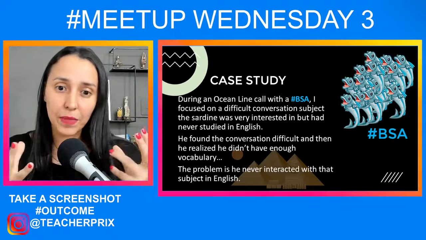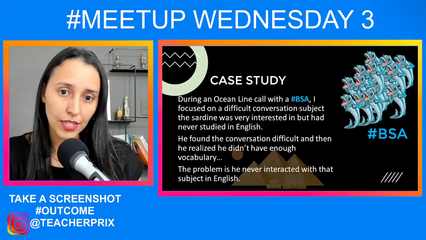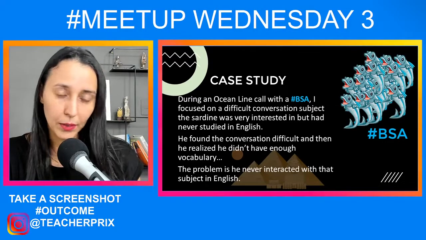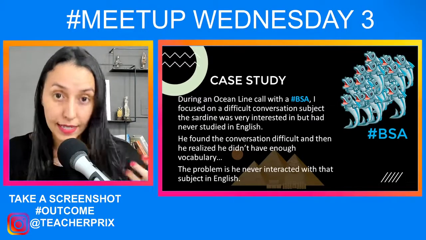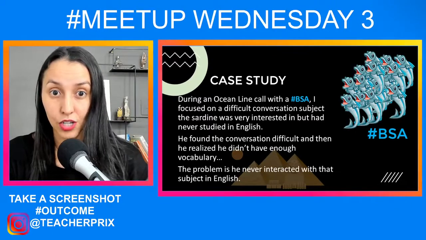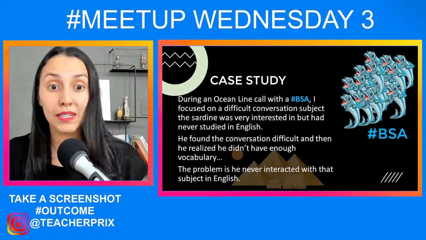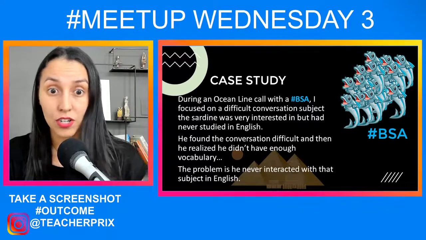That's the thing. If you don't have good examples, if you don't have a good strategy, it doesn't matter, okay? You are not going to talk about that subject. So the problem with this BSA, and I told him, was like, okay, you never interacted with the subject in English. For me, it was a piece of cake to talk about it, because I watch a lot of documentaries.